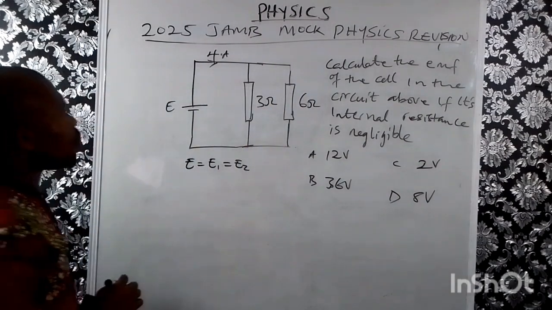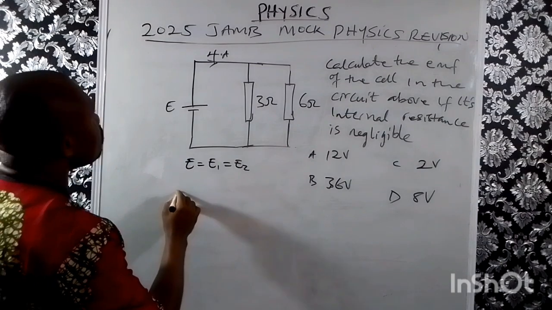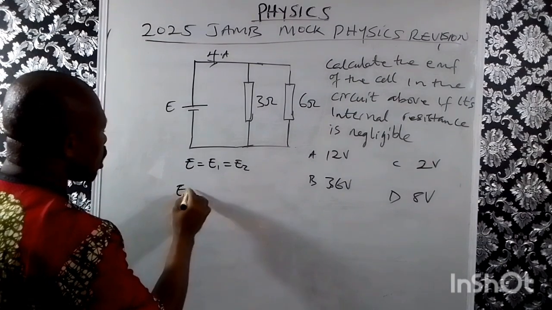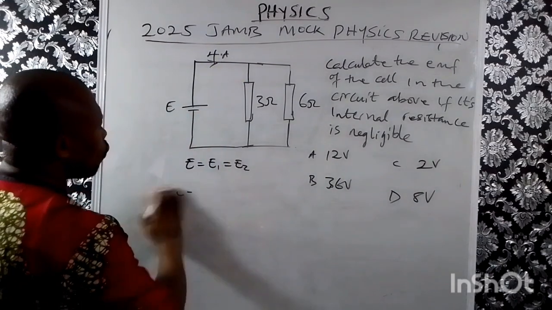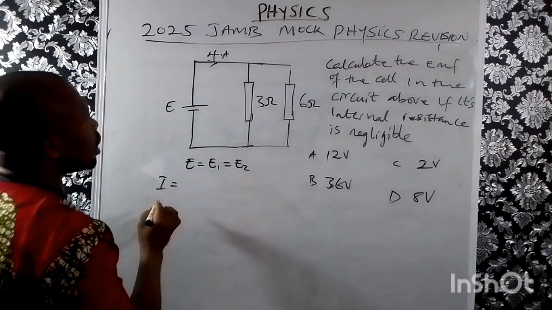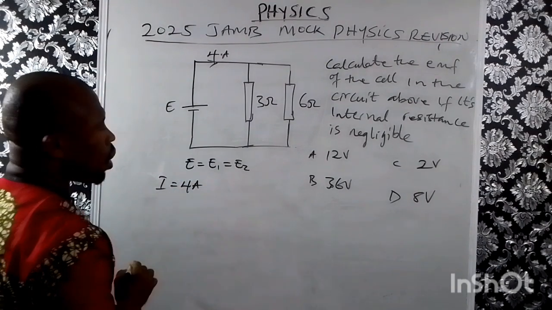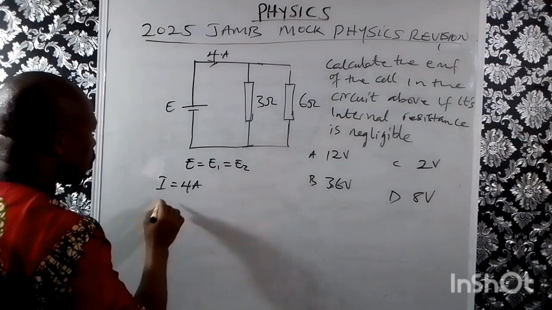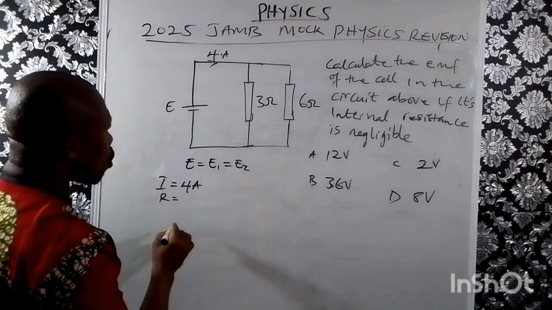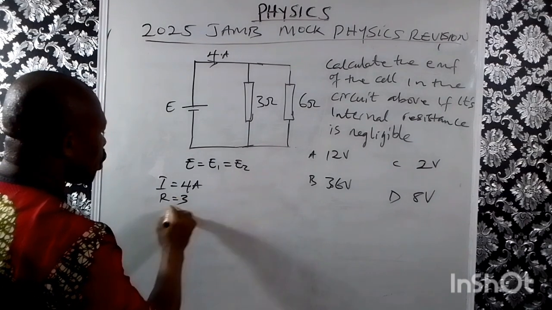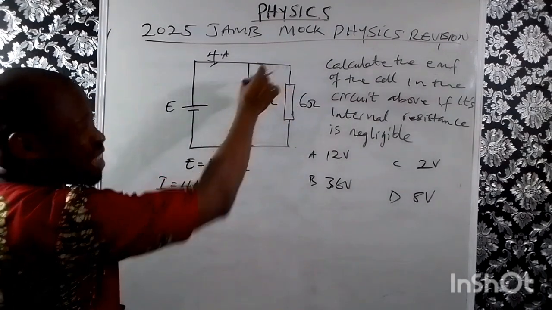Now, which will now give us that E is equal to, of course, we have I on the board. From here, we have that I is equal to 4 ampere. Now, R is equal to 3. In fact, all we need to do is to resolve.